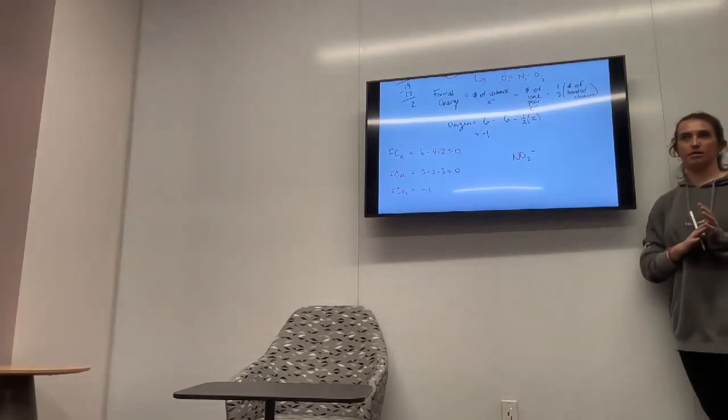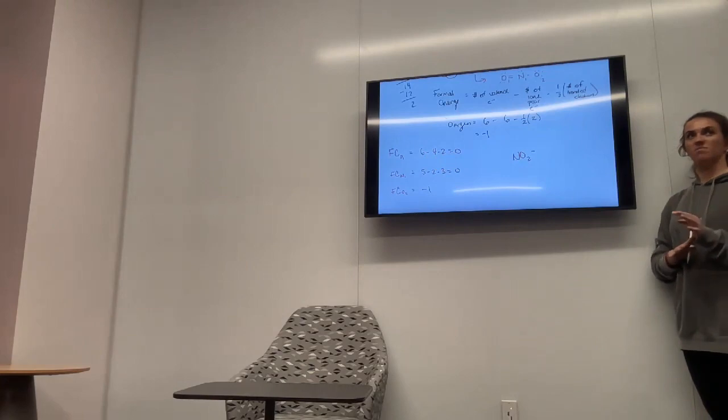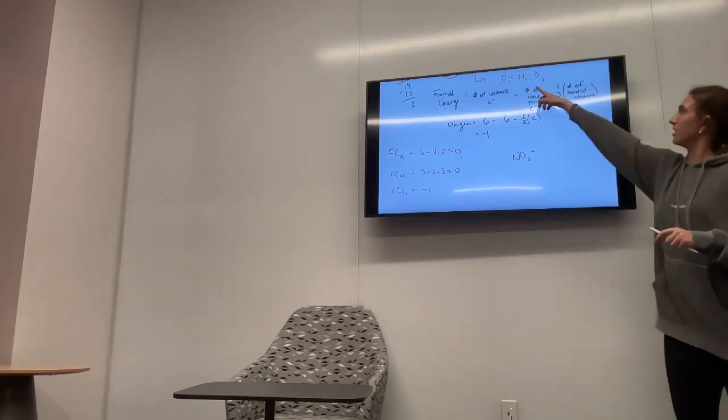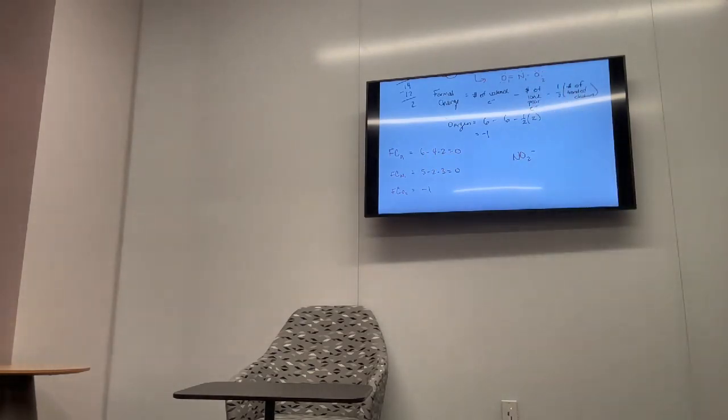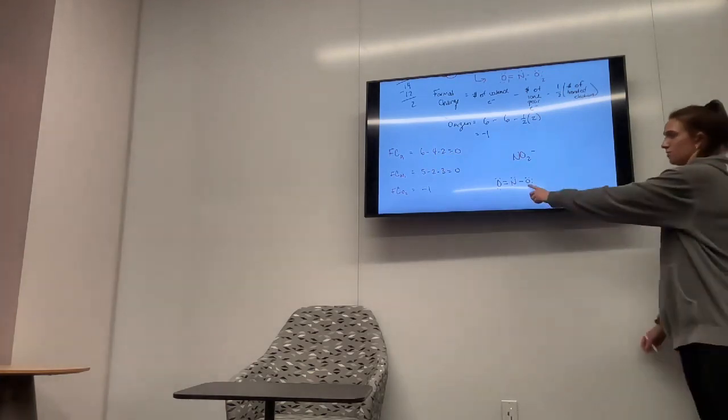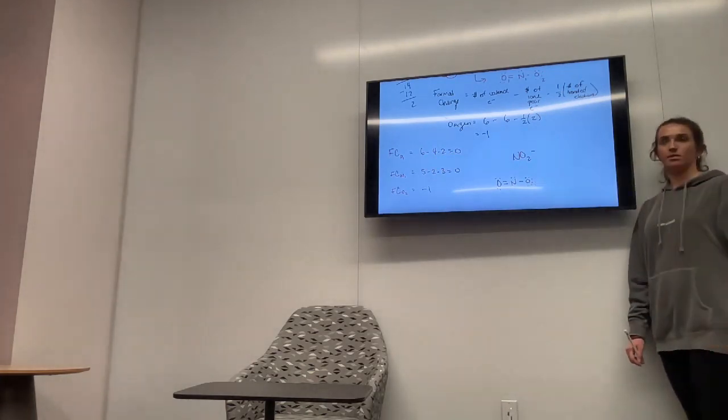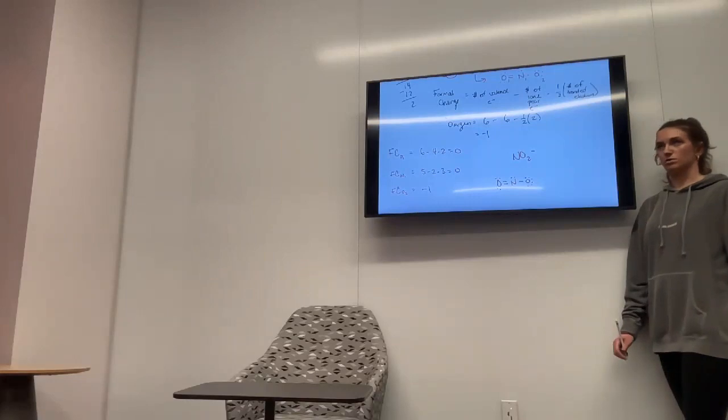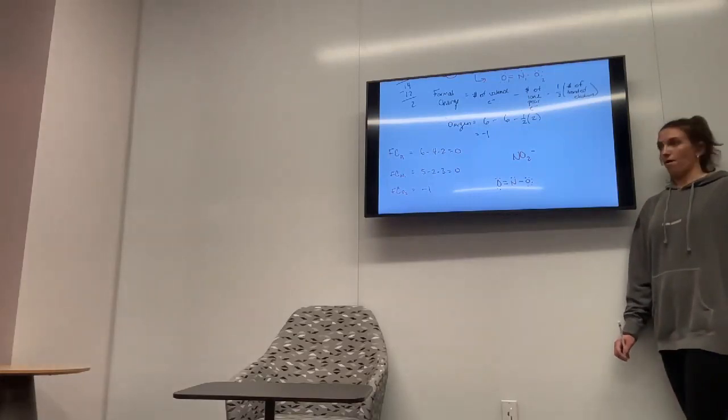What other questions do we have? Okay, so we said that this structure in red here is going to be our ideal structure. Do we have any resonance structures for this guy here? I see a head shake, yes. Anyone else agree with yes?